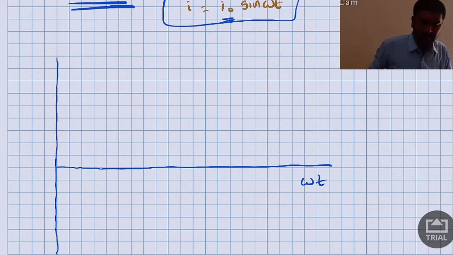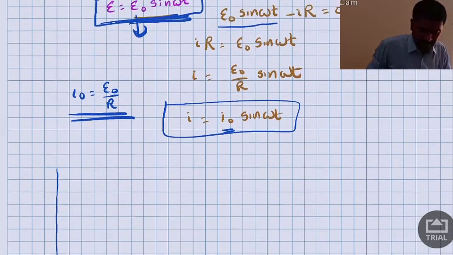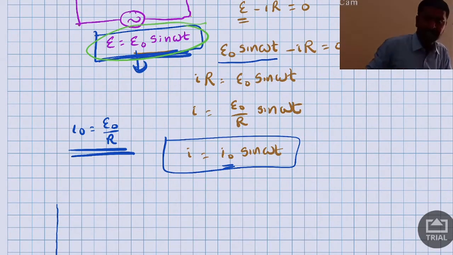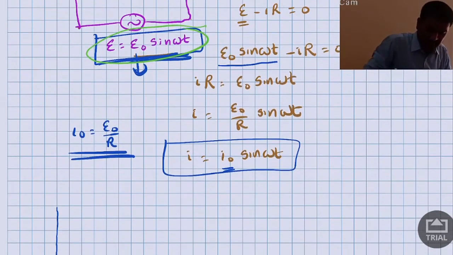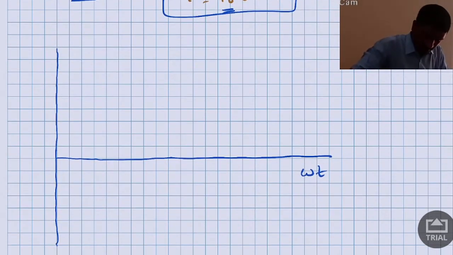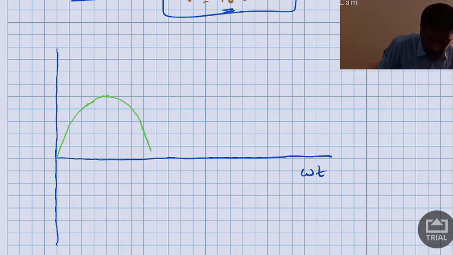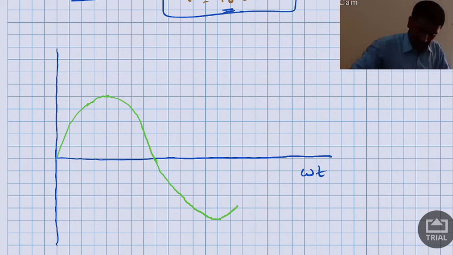Let us see how current varies and how voltage varies. The voltage signal is E equals E0 sin omega t. That is a sine function, so it starts from 0, goes to the maximum value, again comes back to 0, then goes to the minimum value, and again comes back to 0. This is how your voltage signal varies with omega t.